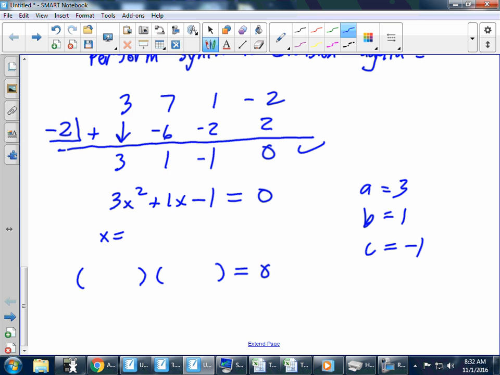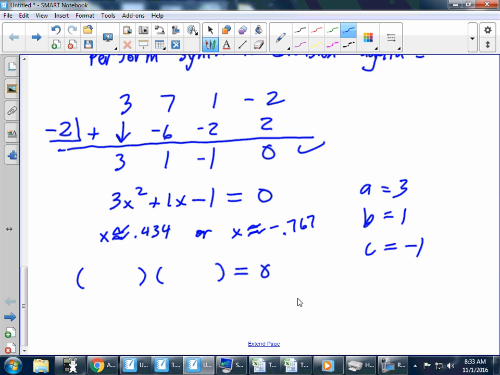X equals 0.434. Will somebody check that? I thought this came out nice. Doesn't come out nice? Okay. What was your other one, Cameron? 0.767. Okay, check that.